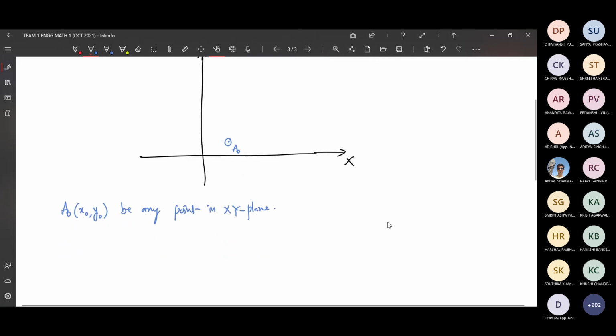We can find out the slope at this point. I will write this as m0. That means at this point with respect to x0, this gives the slope, that is, the slope at A0.